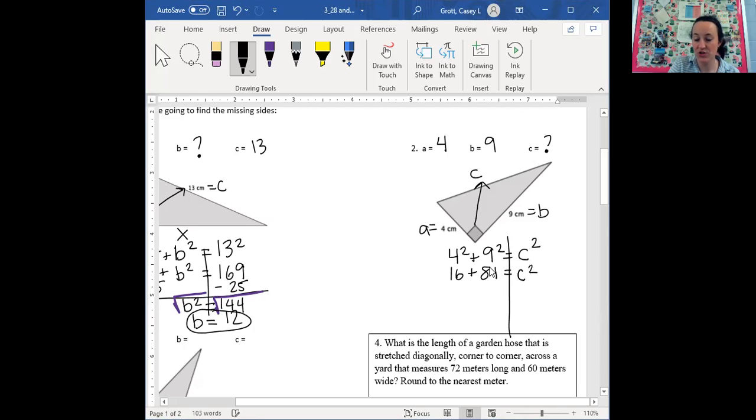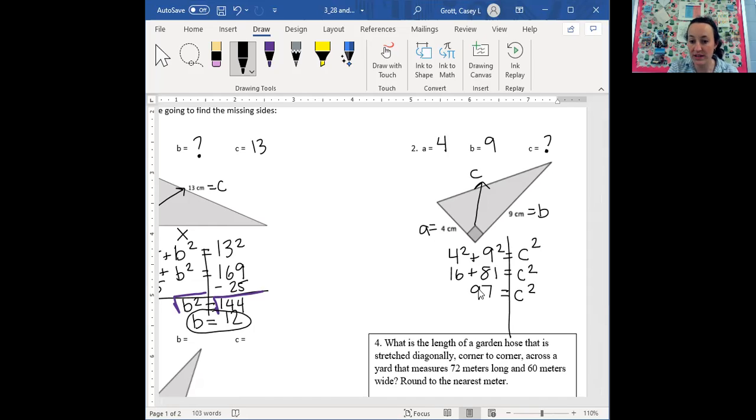C is still what we are trying to find. Let's simplify. We're trying to get C by itself. 16 plus 81 is going to get me to 97. So 97 is equal to C squared.